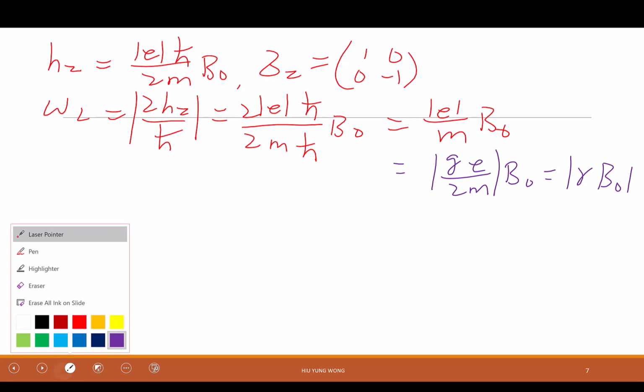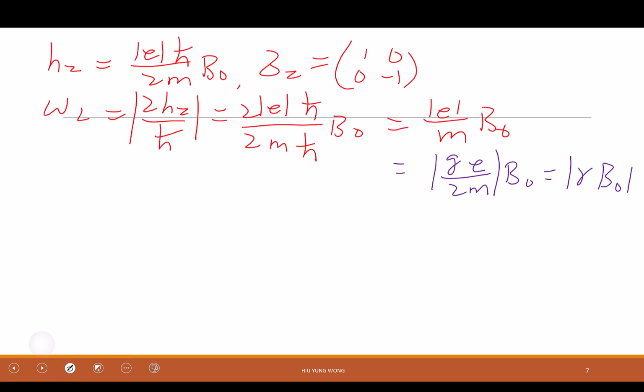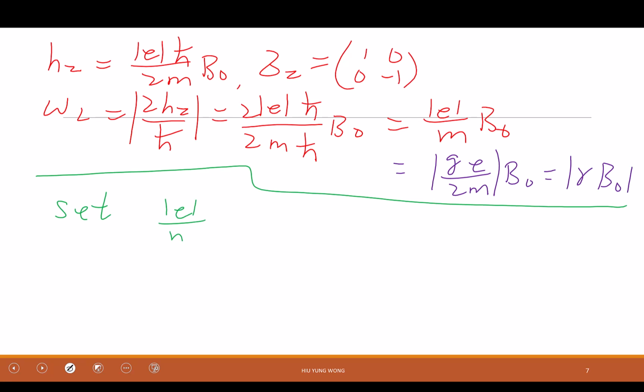Now, last time we already talked about the Z gate, but it is the same here. If I set the frequency, I still use this one. This is the frequency, and then I multiply it by t so that it rotates by pi on the Bloch sphere.